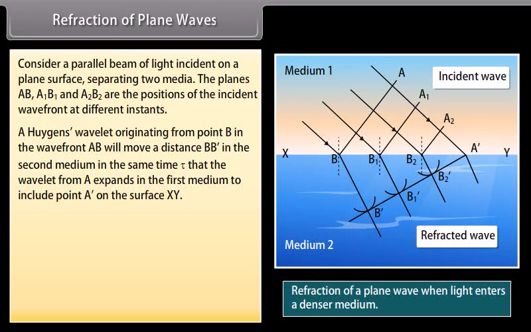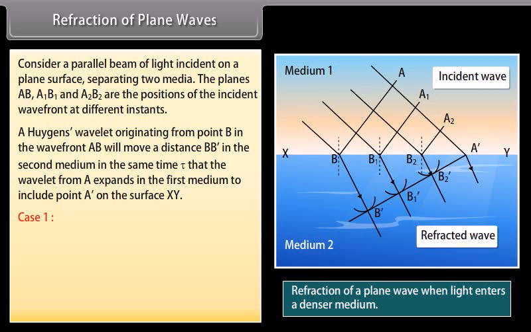A Huygens wavelet originating from point B in the wavefront AB will move a distance BB' in the second medium in the same time that the wavelet from A expands in the first medium to include point A' on the surface XY. Since the two wavelets with radii AA' and BB' are not in the same medium, they move with different speeds, say V1 and V2 respectively.